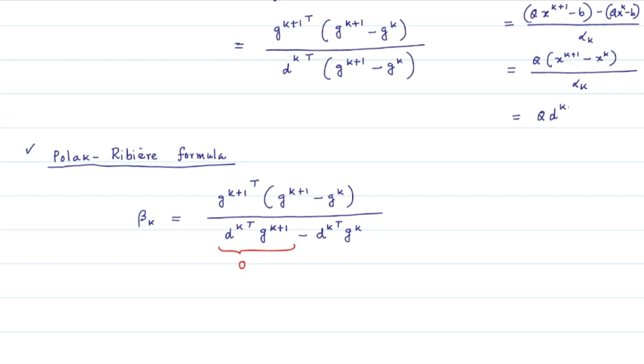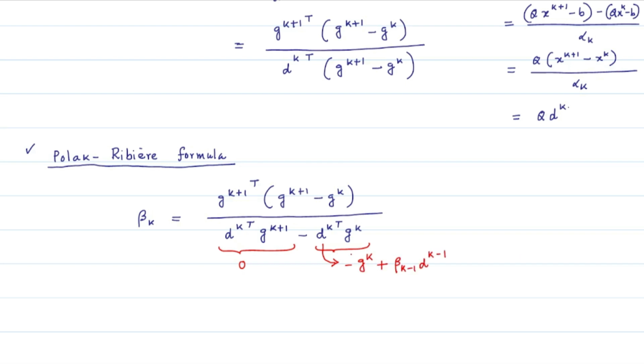Please recall the expanding subspace theorem that I mentioned earlier, where I stated that g_{k+1} transpose d_k is equal to 0. Now let us look at the expression d_k transpose g_k. We notice that in the conjugate gradient algorithm, d_k is taken as minus g_k plus beta_{k-1} d_{k-1}.